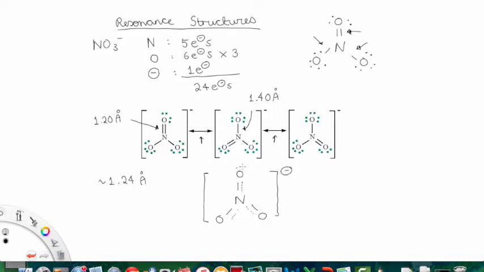Let me draw in the oxygens. But in this course, you will more likely see this diagram. The resulting structure is called a resonance hybrid. That makes sense because it's basically a hybrid of all 3 individual structures.